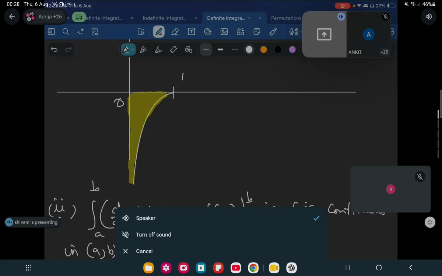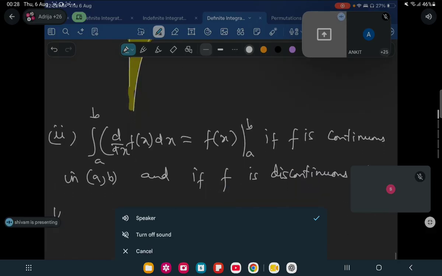And if f is discontinuous at x equal to c, how do we break it? We'll break it like this.